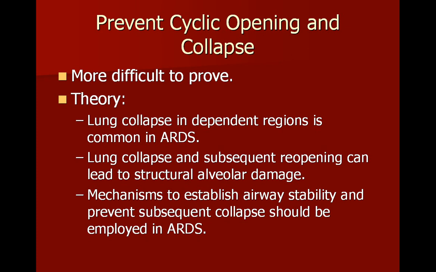ARDS is unique in that it has a very gravity-dependent component to it. And however the patient is lying, the gravity-dependent portions of it are the poorest ventilated areas. You turn them on their side, you turn them on their stomach, you're going to have still gravity dependency being a huge component of it.